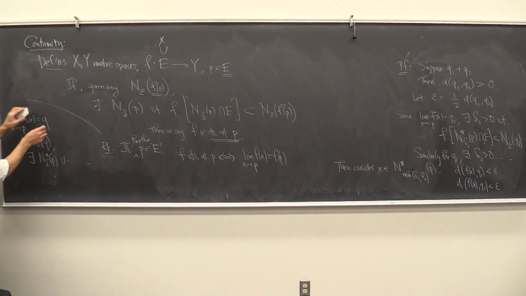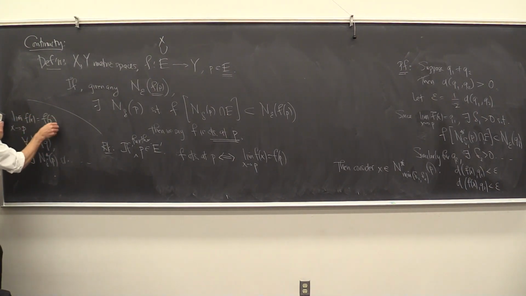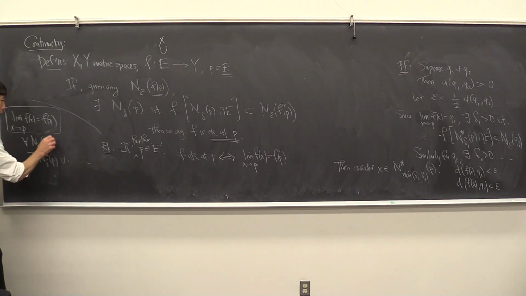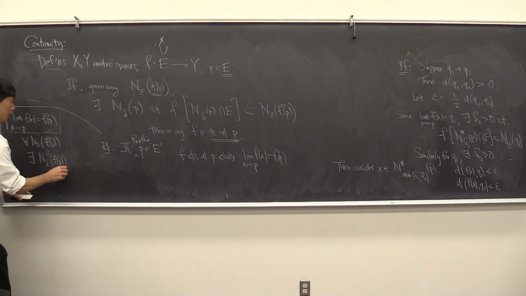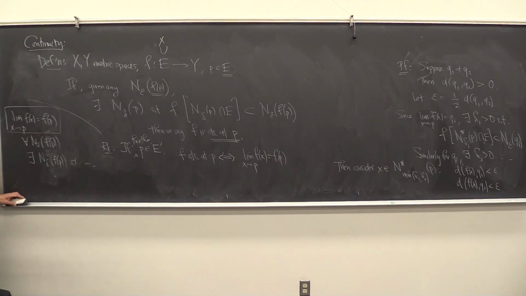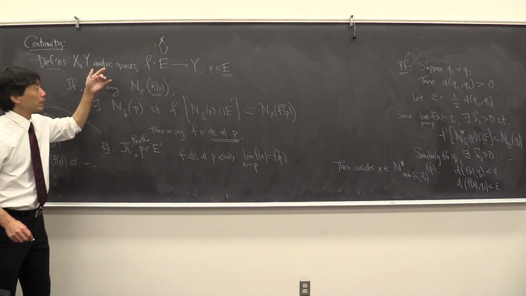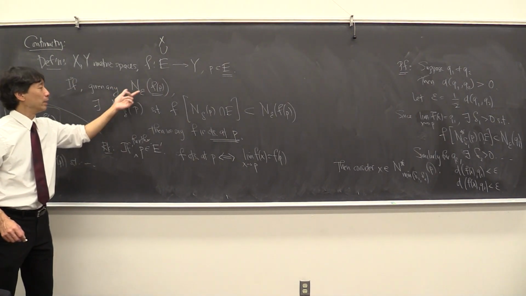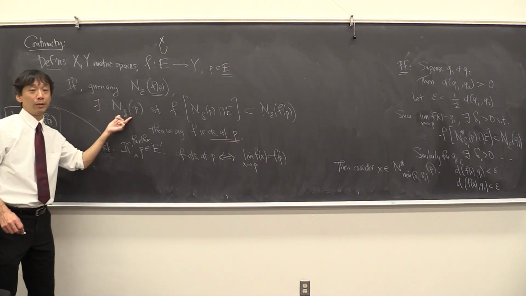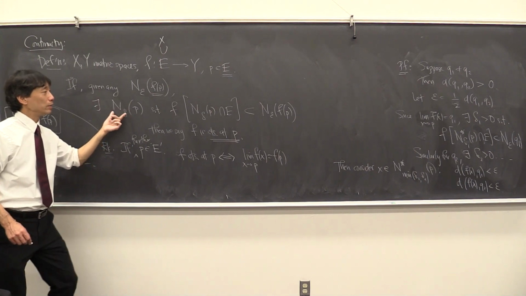Okay. What does this mean? This means that for all neighborhoods around f of p, there's a punctured neighborhood around p such that blah blah blah blah. And you see that continuity is actually stronger than this, because it says, given any epsilon neighborhood around f of p, there's a full-blown neighborhood such that this happens.